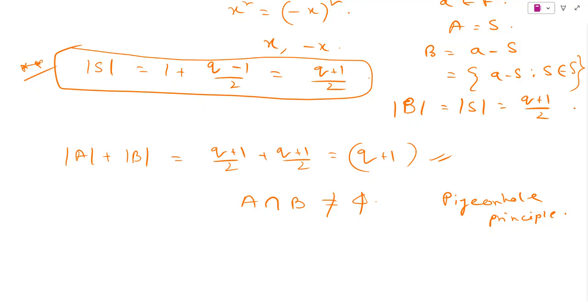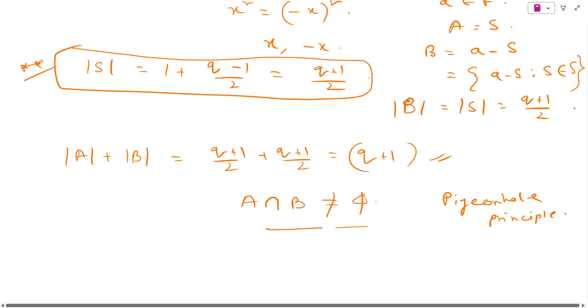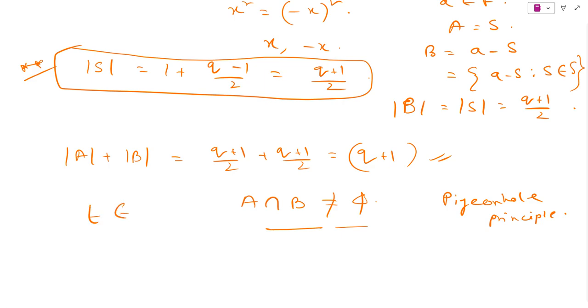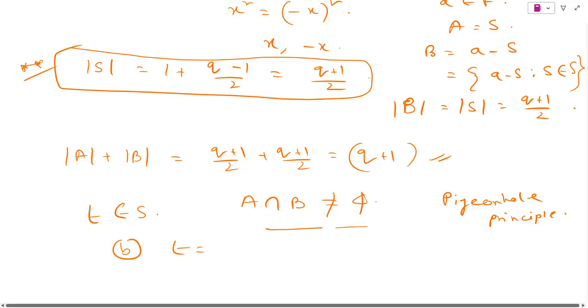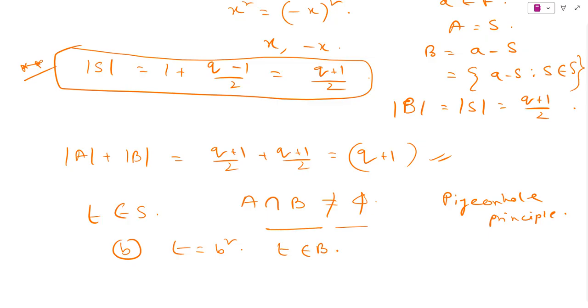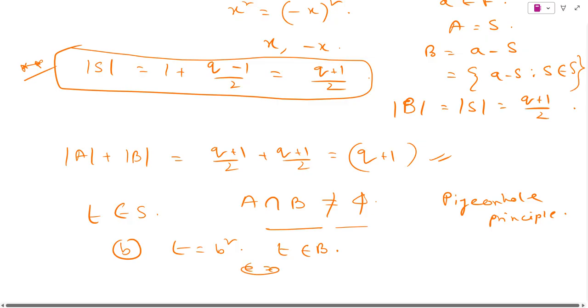Now, since A intersection B is not null, there exists some element T belonging to both sets. And since T belongs to S, there exists B such that T equals B squared. And since T belongs to B, there exists C such that T equals A minus C squared.